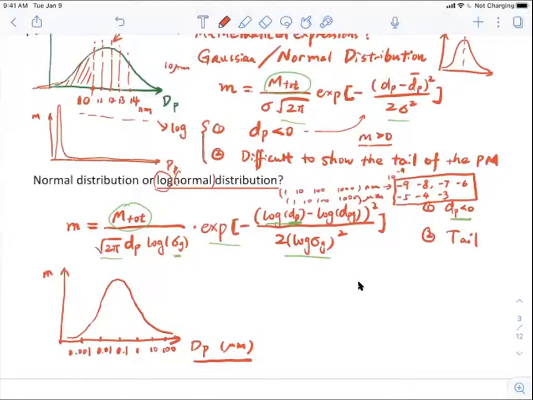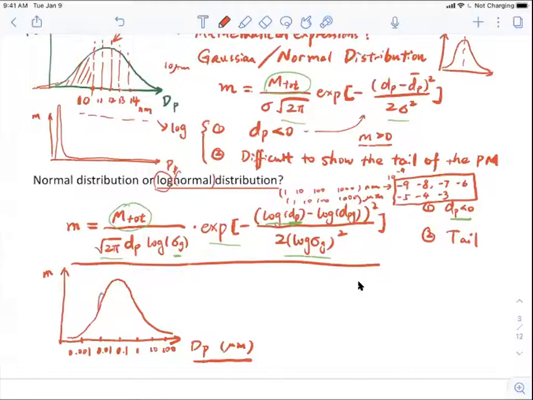And also by using this more elegant way of showing the continuous size distribution, we can do some more mathematical derivations. And that's why people like these size distributions. As a matter of fact, if you measure the aerosols in the air, you can see that most of these size distributions actually satisfy the log normal size distribution.